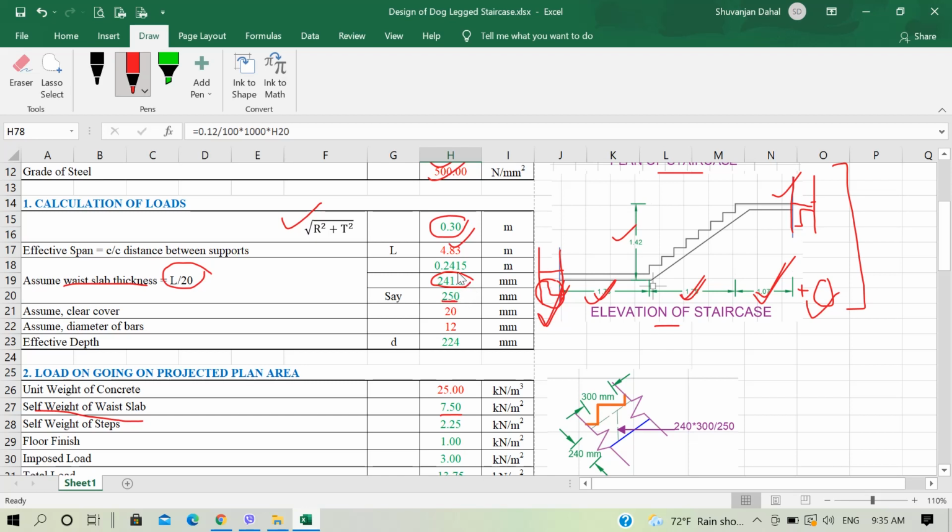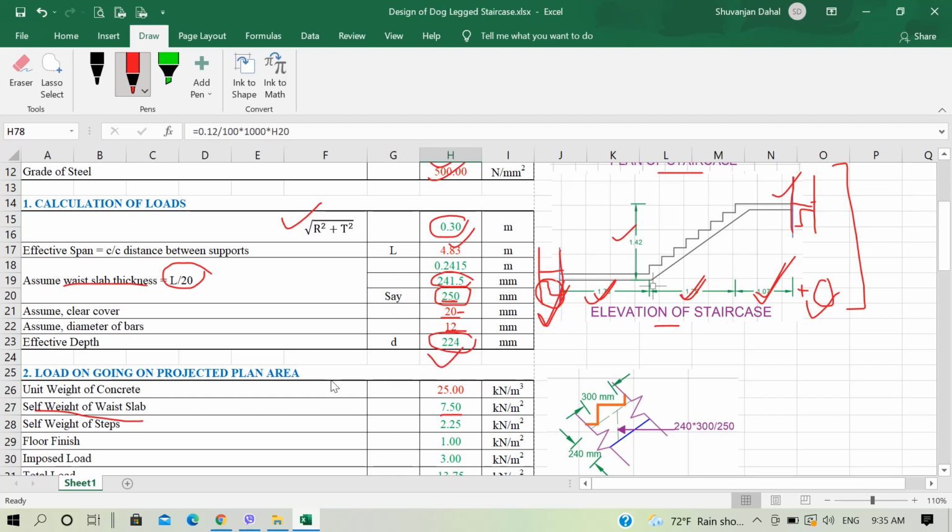We round up this value to the nearest 50, so we get 250 mm. Now assume clear cover is 20 mm and the diameter of bars used in our staircase is 12 mm. So we get our effective depth to be 224 mm. That means 250 minus 20 minus 12 divided by 2, you get the effective depth to be 224 mm.